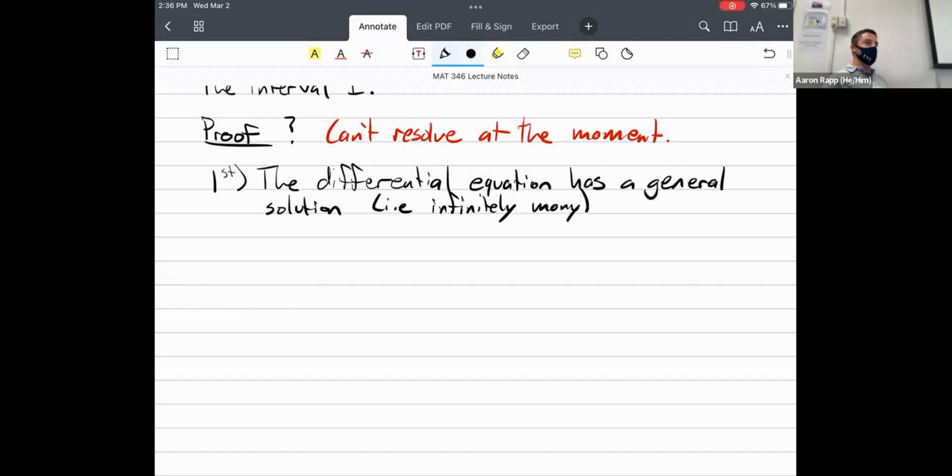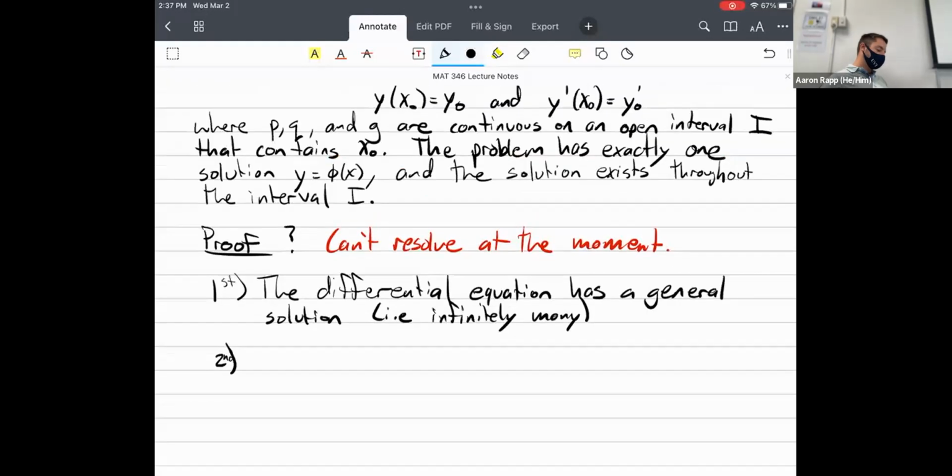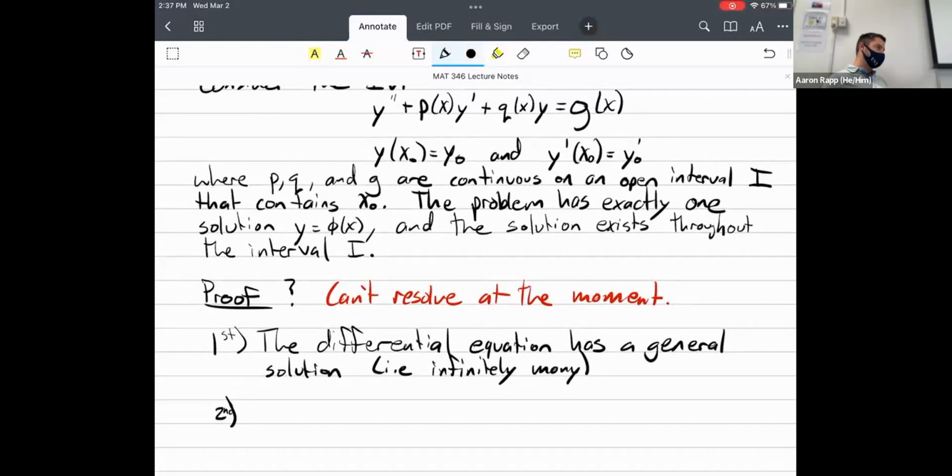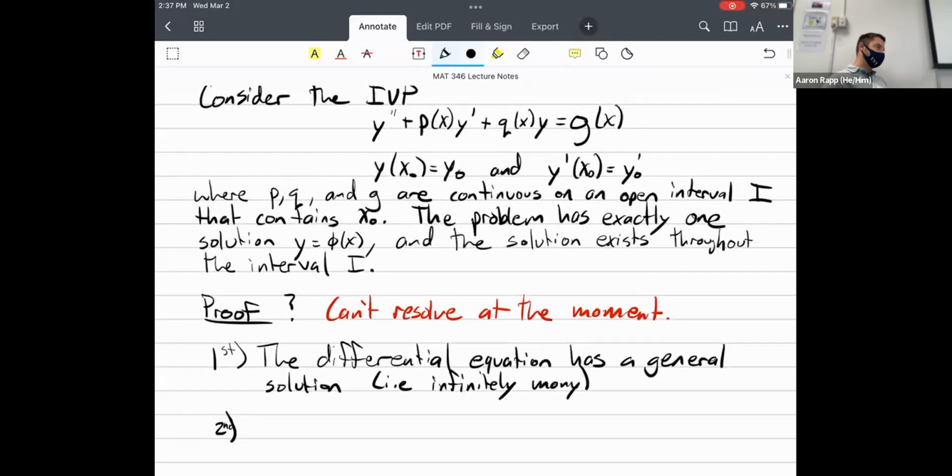So what makes it unique? When I consider an initial value problem, what makes it unique? But how do we define the interval I?